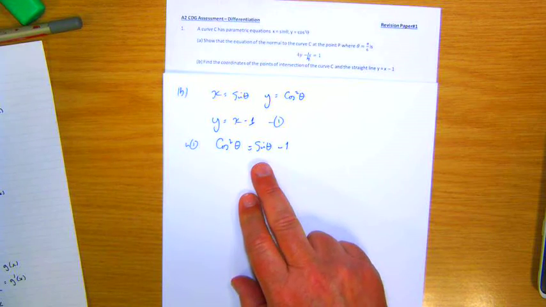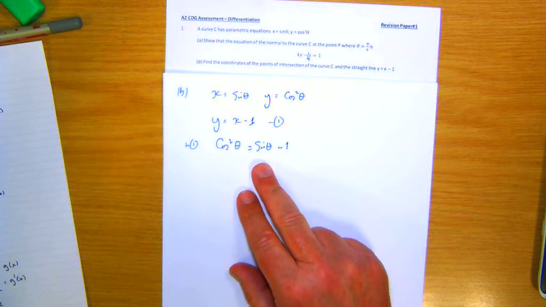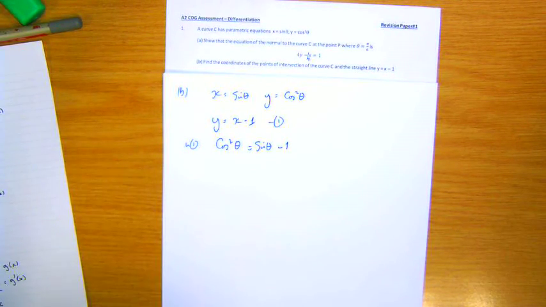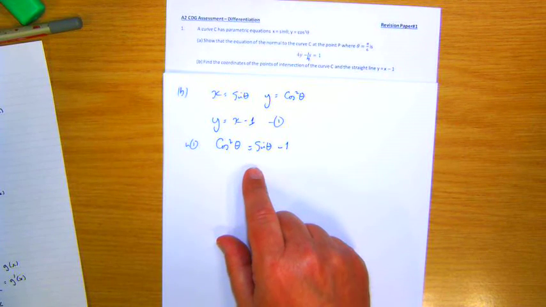Now this then kicks into the work you did with Mrs. John with trigonometric identities and equations. I need to get them all in terms of cos or all in terms of sine or something that's common.